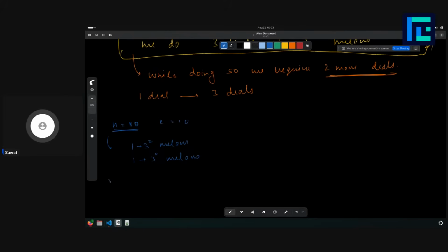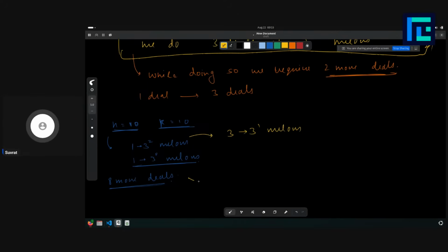So now we have 8 more deals left that we could have done, because this is the minimum number of deals that we require. But since k is given as 10, we can do 8 more deals. So for this 3 to the power 2 melon deal, we can make this a 3 to the power 1 melon deal.